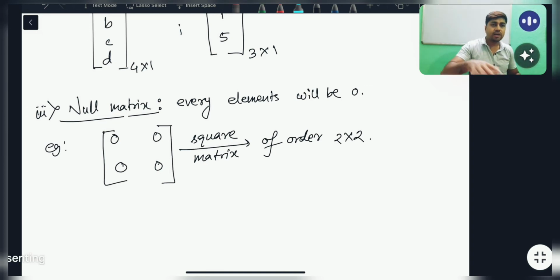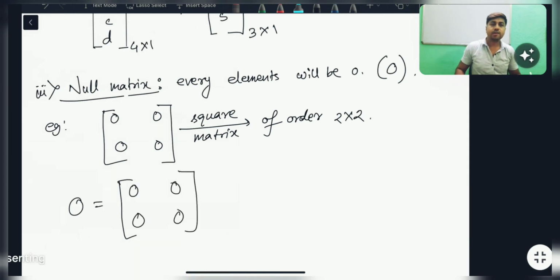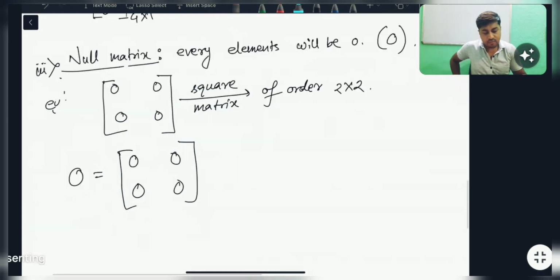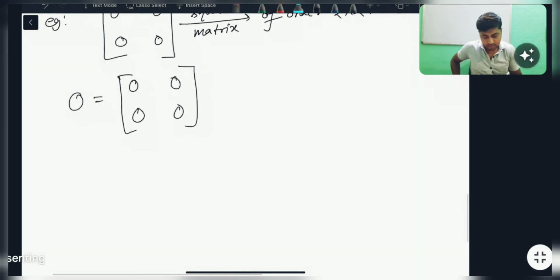Every element is 0. We generally represent the null matrix by O, not by 0. We write O equals 0 0 0 0 like that. We represent the null matrix with O.